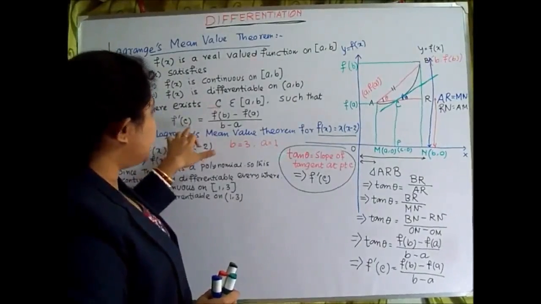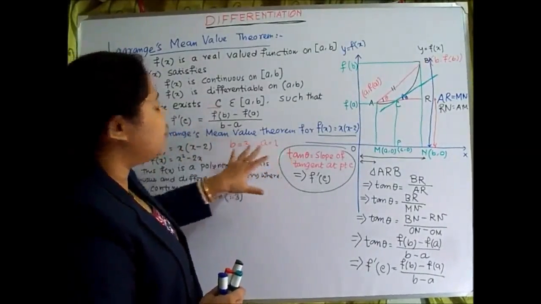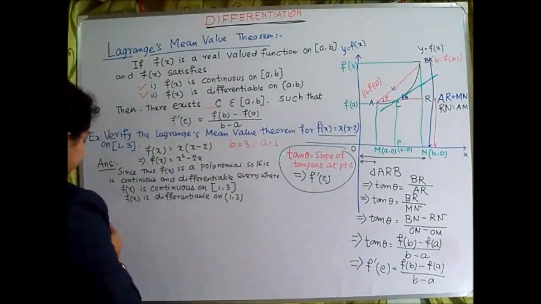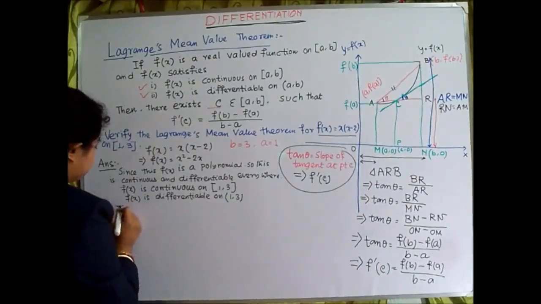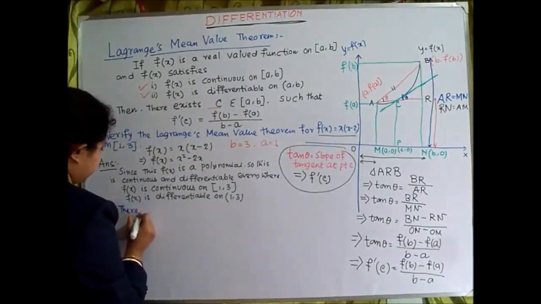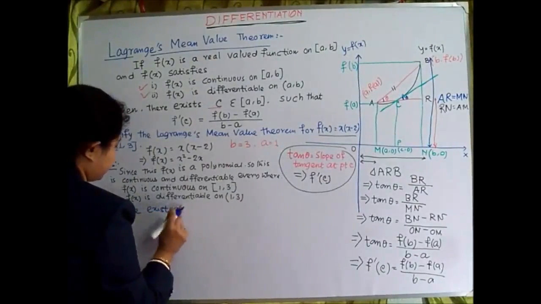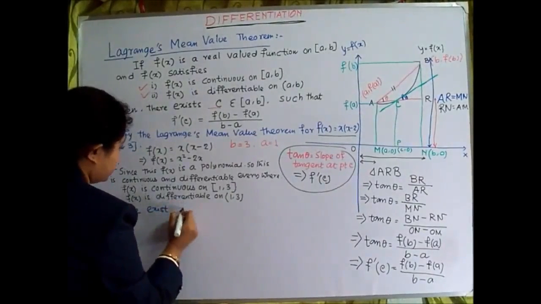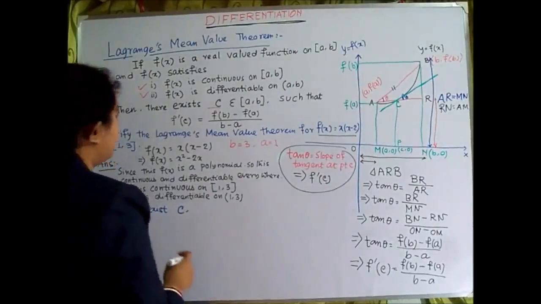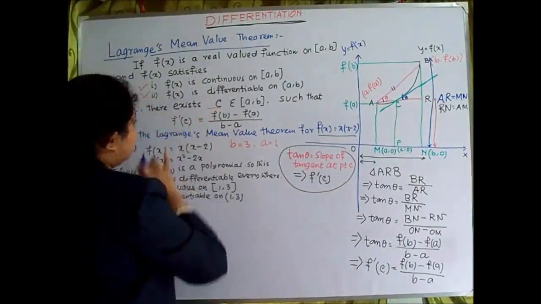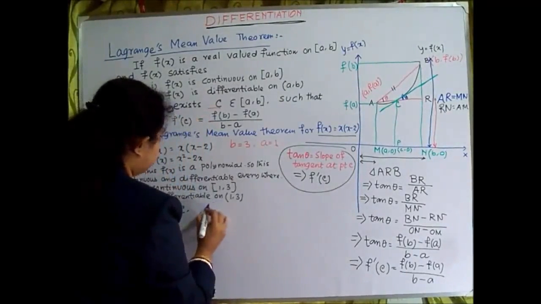So we can write there exists a C, right? For this, what is f prime C? We have to find out this value, f prime C.